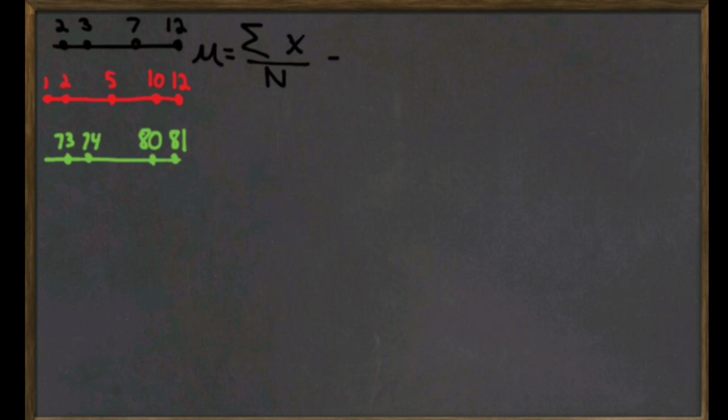But this really means that we are just taking 2 plus 3 plus 7 plus 12 divided by 4, right? Which is, what is that? 5, 12, 12 plus 12 is 24. So we get 24 divided by 4, which is 6. So we have a mean of 6. So the black data here has a mean of 6.